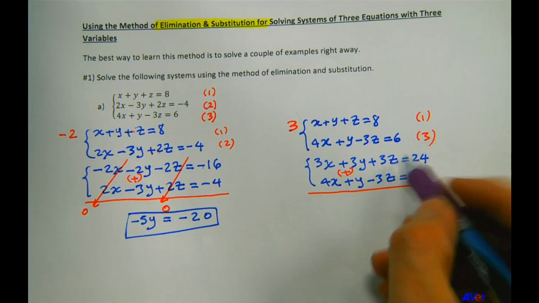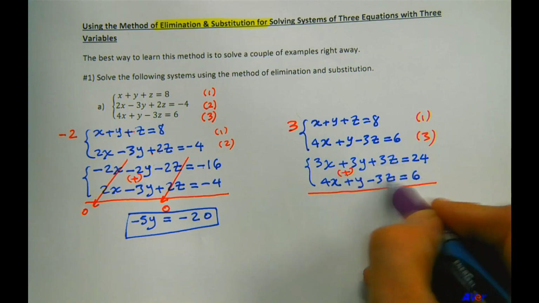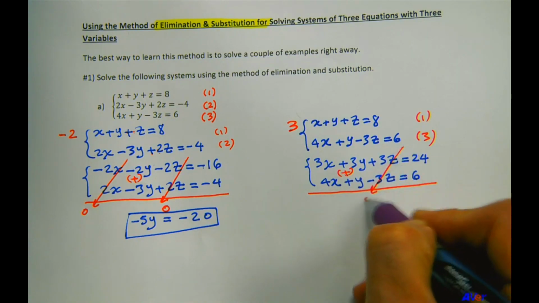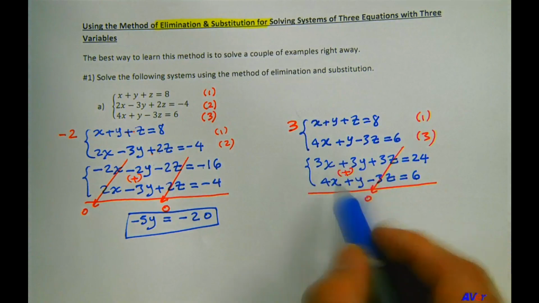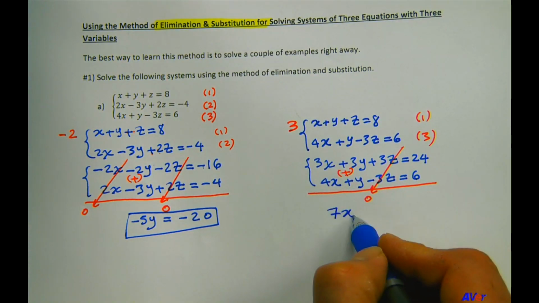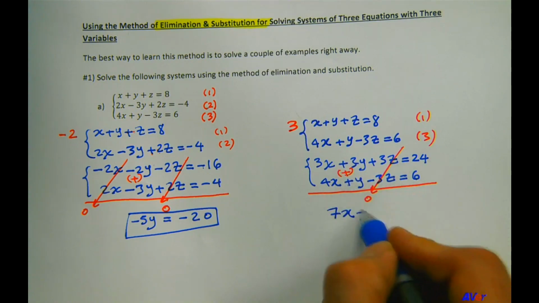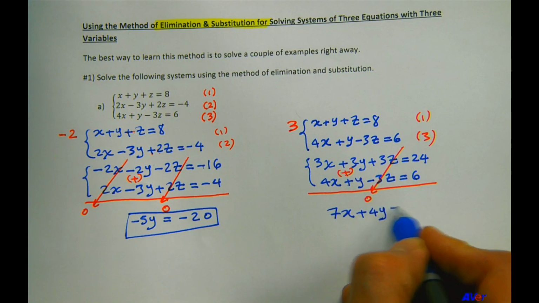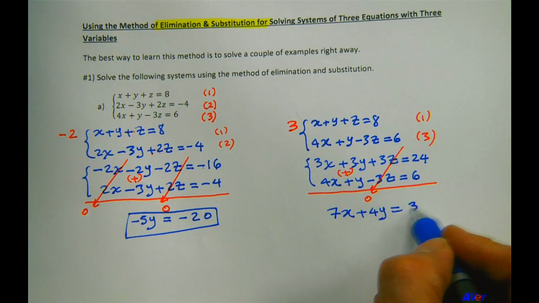As we intended, positive 3z plus minus 3z adds up to 0. That's a good thing. Then let's add the x and y terms. 3x plus 4x is 7x, and 3y plus y is 4y. On the other side, 24 plus 6 is 30.